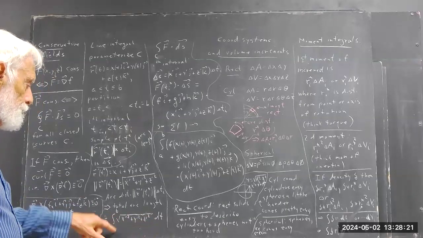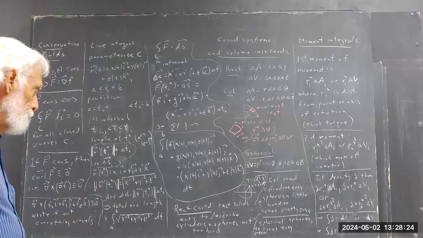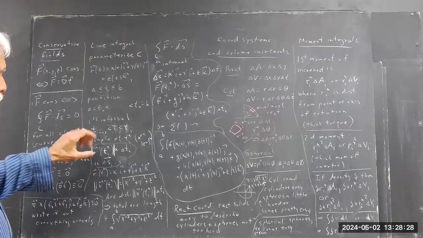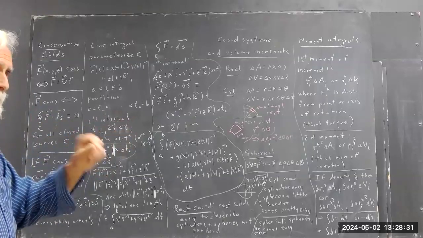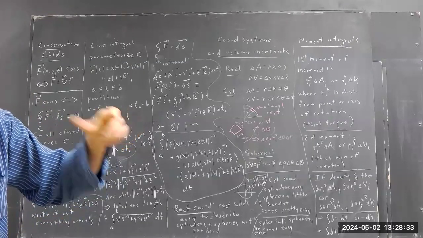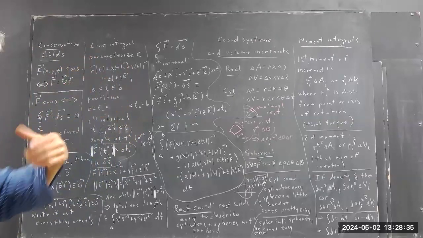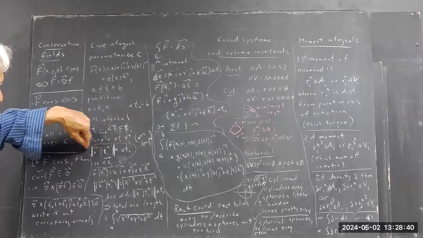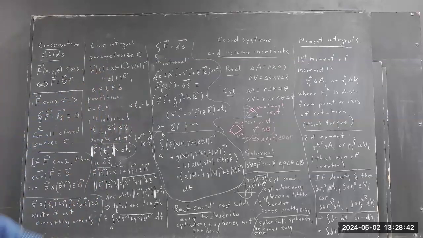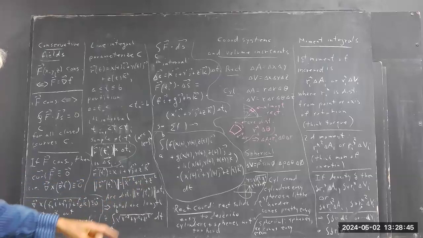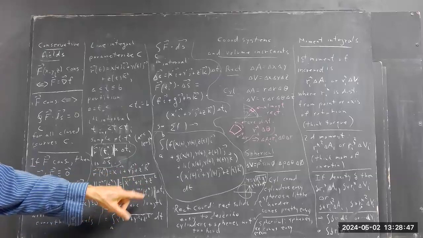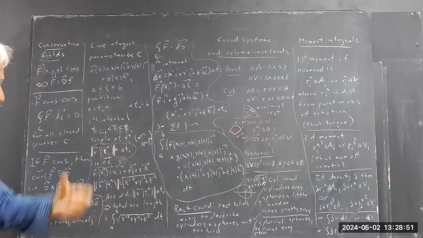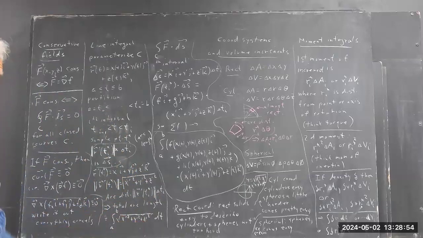But since you're integrating with respect to t, you'd better have it in terms of t. If you multiply this distance by the density, you get a mass. Add up all your mass increments, you get your total mass. To get your approximate total mass, if you use delta t's, take the limit as your delta t's approach zero, and you get an integral.